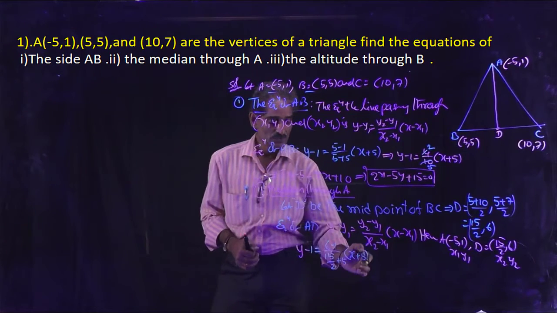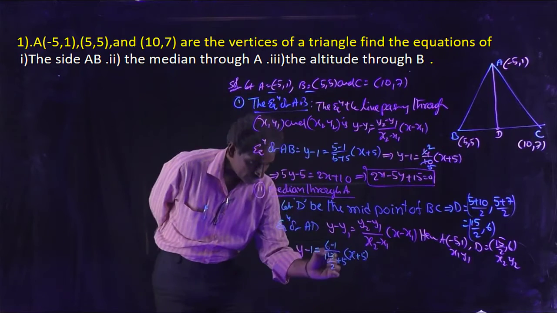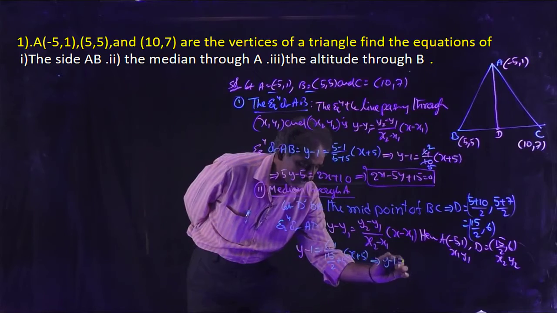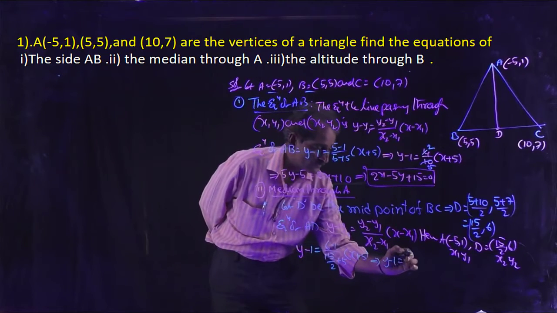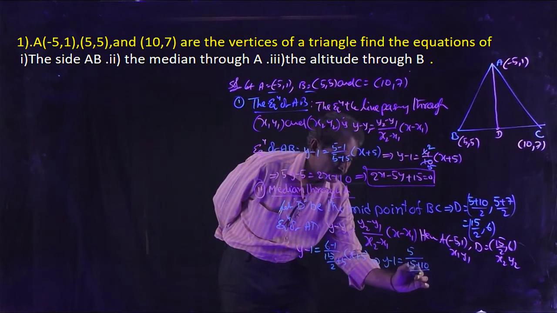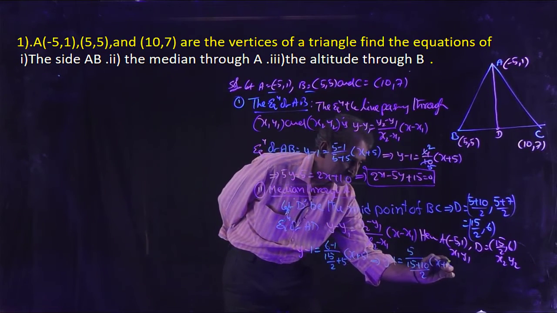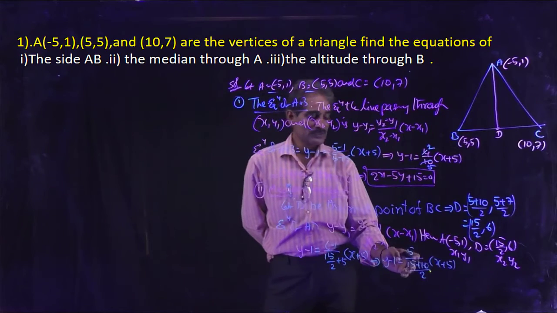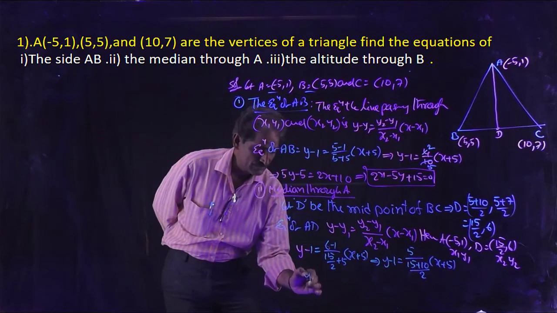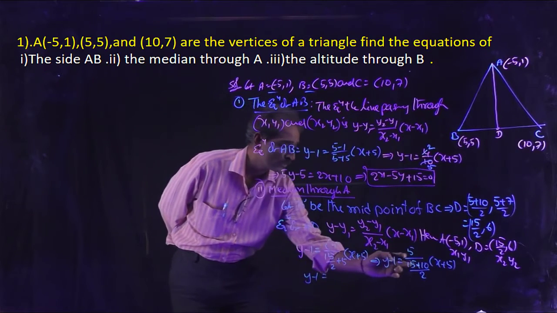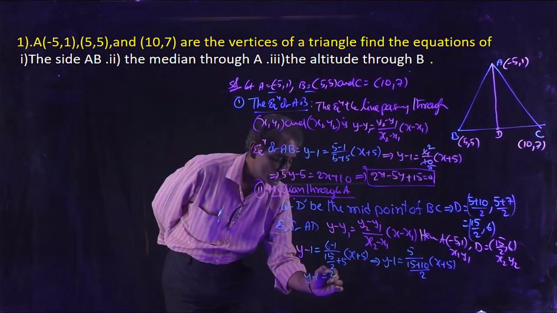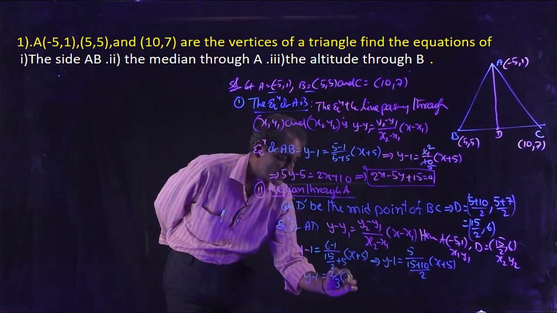Right? So to simplify, we can write y minus 1 is equal to 5 by 15 plus 10 by 2 into x plus 5. So 15 plus 25, divide by 5, we get 2 by 3. So y minus 1 is equal to 2 by 3 into x plus 5.